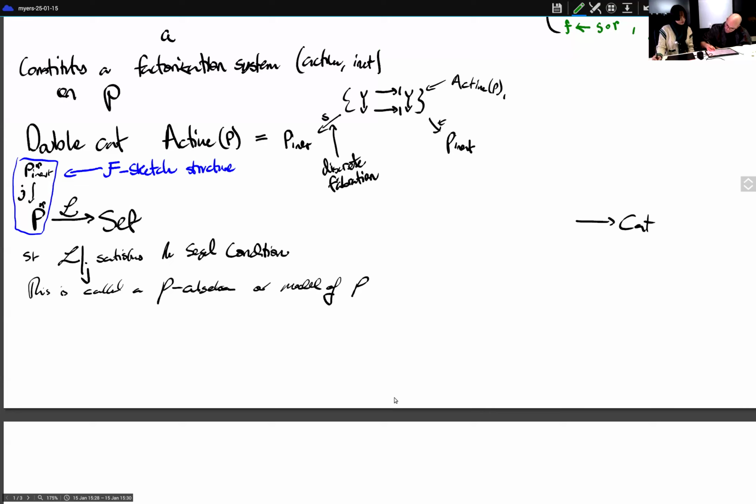For example, let me look at Delta to Cat. I'm going to call this L, such that L restricted along J satisfies the Siegel condition.